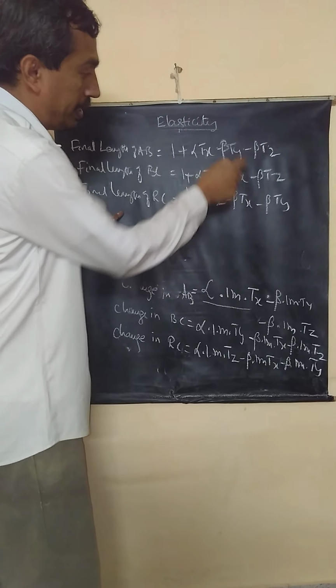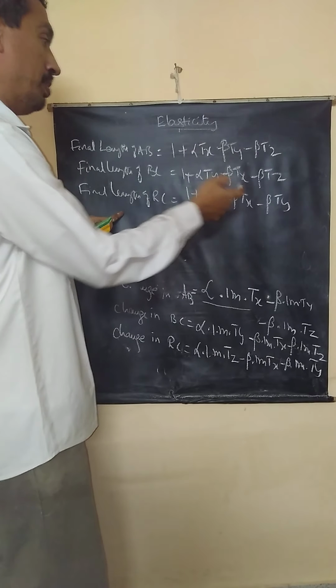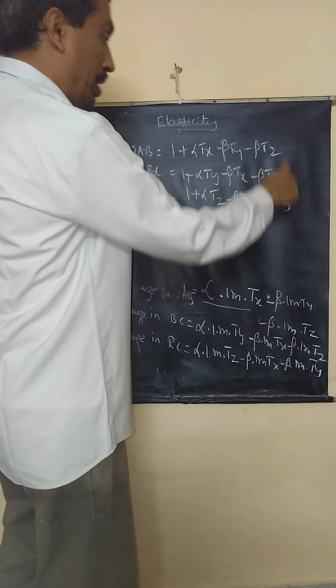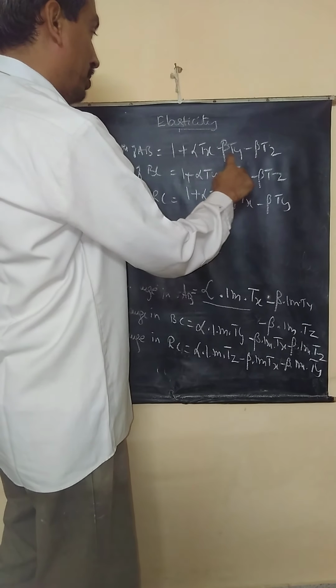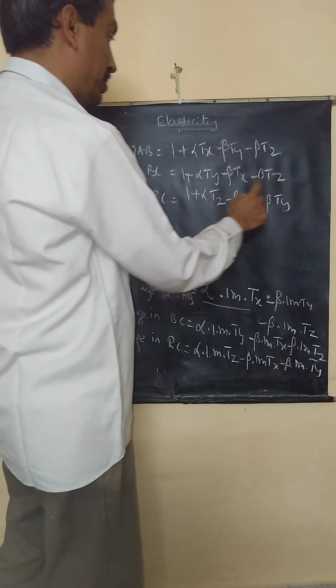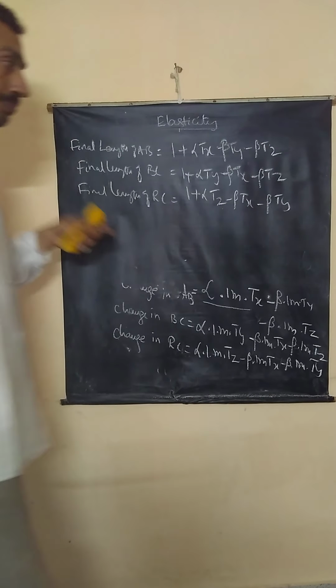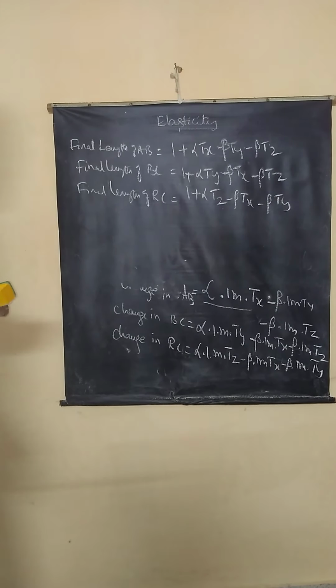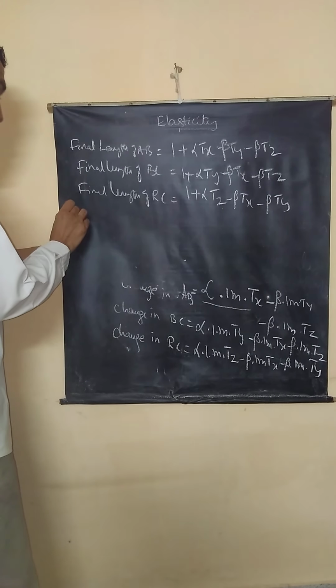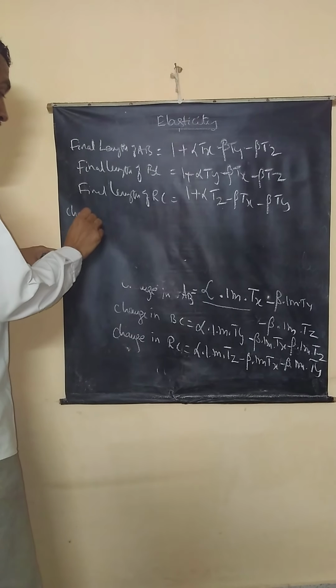Here also you have x, y, z, y, x, z, z, x, y, correct. Is it correct?